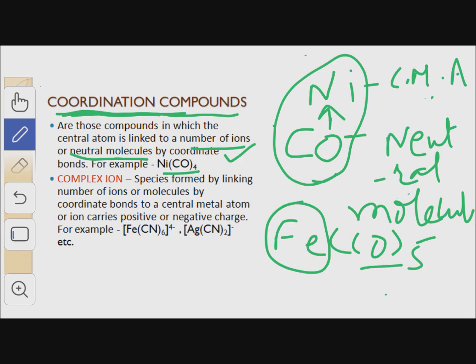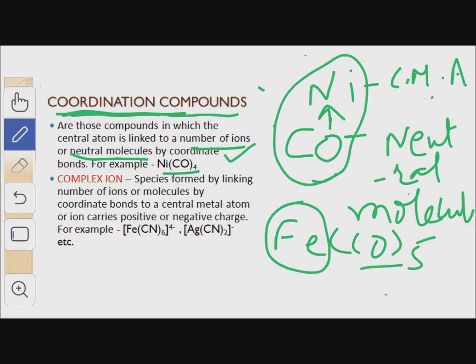Coordination compounds are used as catalysts in industries to alter the rates of reactions, and they are also used in biological processes.